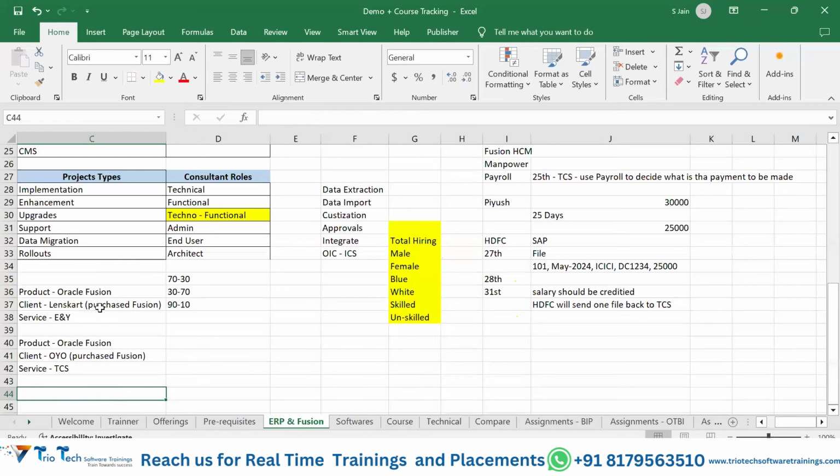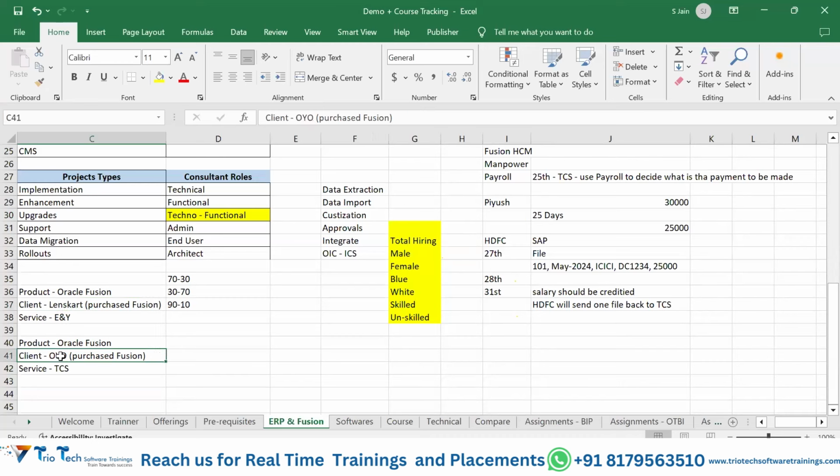So what has happened? Lenskart is saying that I am going to give maternity leave to my female employees. Oyo is also saying that I am going to give maternity leave to my female employees. But Lenskart says that I will give the maternity leave to the female employees if they have been employed in my organization for a minimum of 6 months.